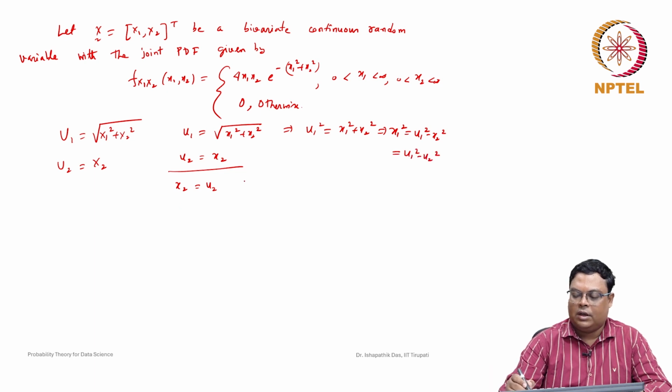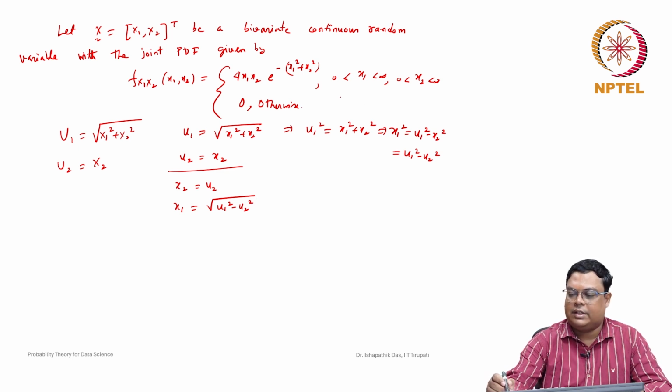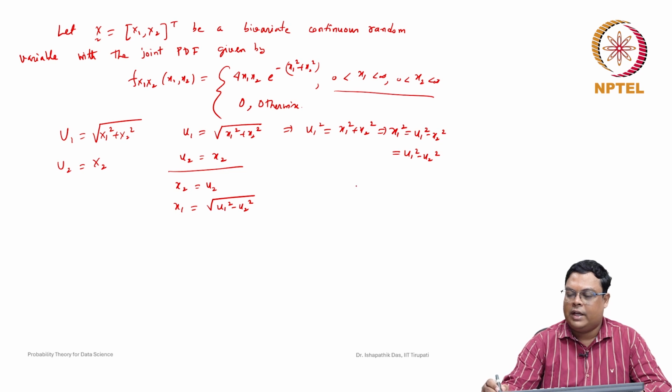Hence we can find the inverse: x1 is nothing but root over of u1 square minus u2 square.